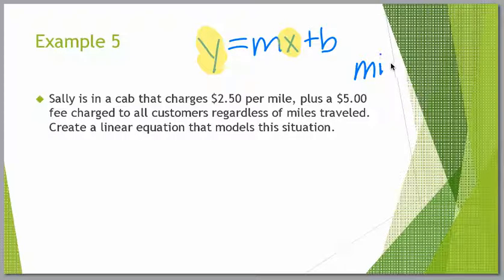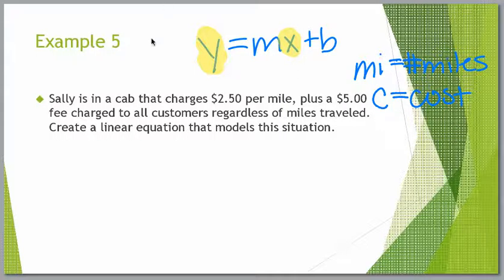So that's the number of miles. So you always want to define your variables. And then our y variable here, you'll notice that when we graph, the y-axis is actually going to represent the price. So we can call that c, or cost, right?